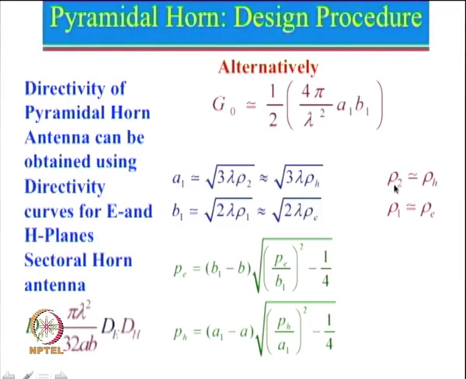This will only happen if the aperture size is relatively small compared to the length of the horn antenna. And when we talk about the length of the horn, the length is actually taken from the neck to the mouth. And this we had seen, these are the values of rho e and rho h.